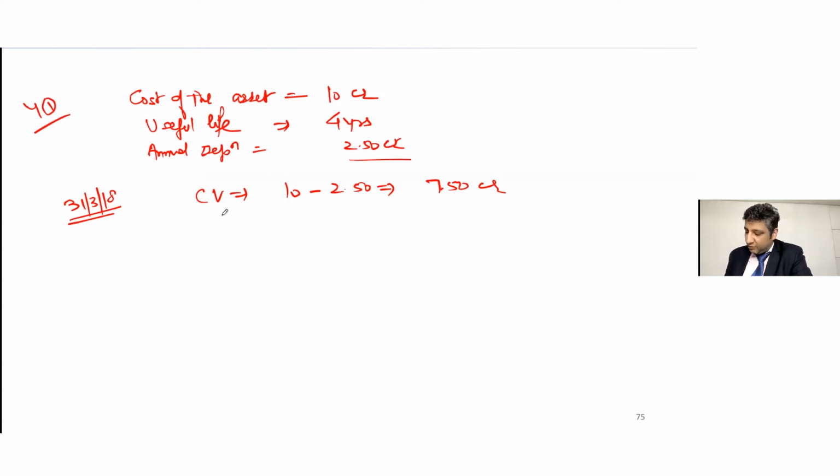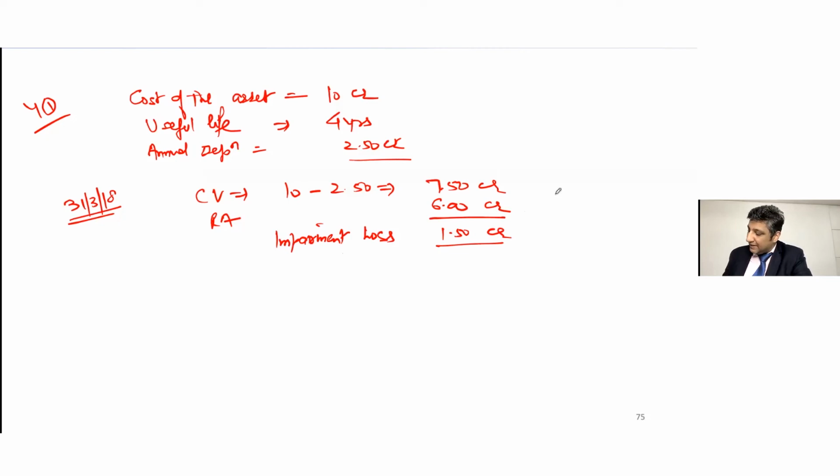Against which I'm provided the recoverable amount, which is 6 crores. Now, obviously my carrying value is more than the recoverable amount, which means that I need to recognize an impairment loss to the extent of 1.5 crores. Now, how do we recognize the impairment loss?